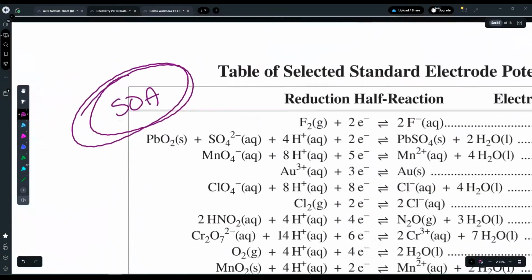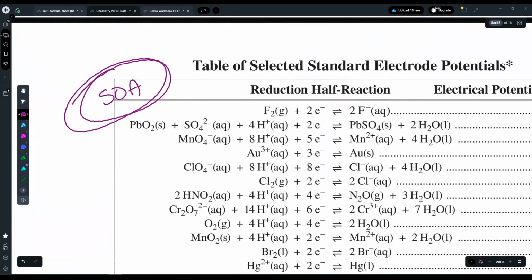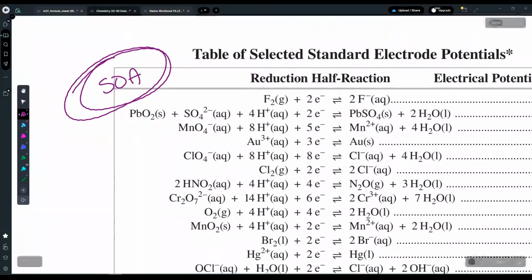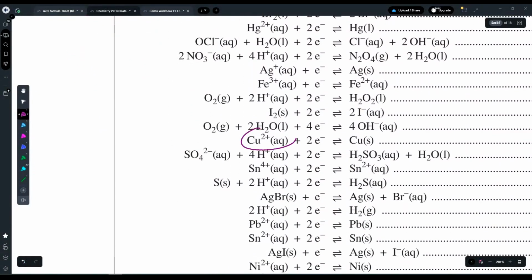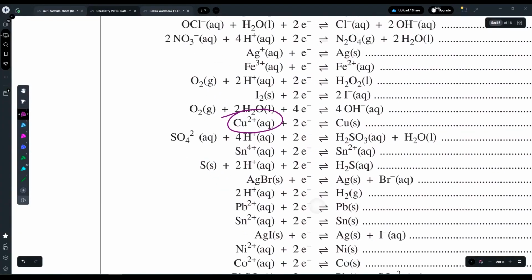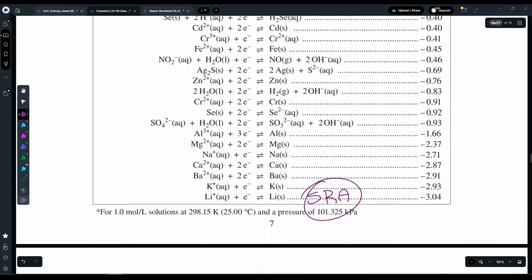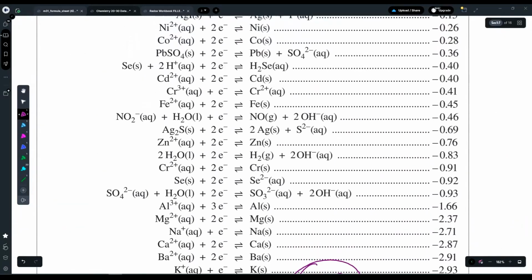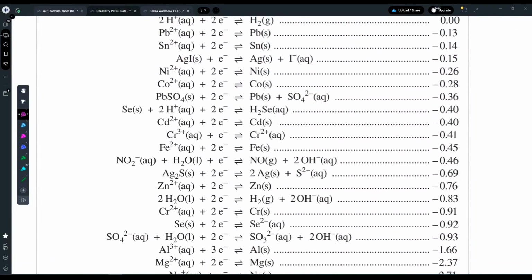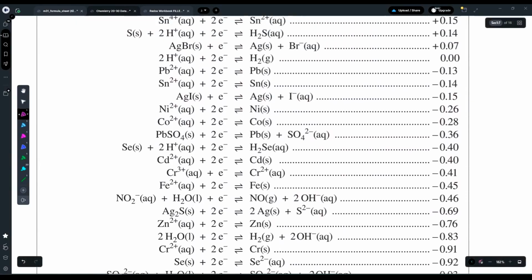So I'm starting out with my SOA, and I'm just looking at the left-hand side here to figure out what reaction I can use. It looks like the first thing that I run into is copper 2 plus ions. Now I need to find my SRA. It looks like it's down between sulfate ions and water.